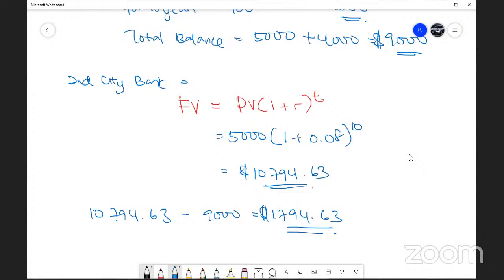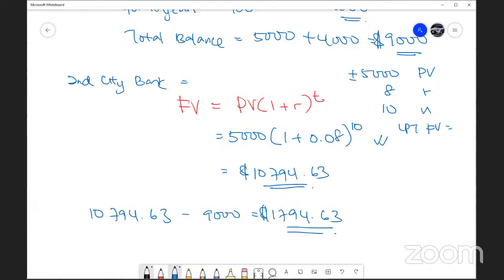Okay. To answer this question, if you use the scientific calculator, this is what you key in. If you're using the financial calculator, just click plus minus 5,000 equals to PV. Okay. 8% equals to your interest, 10 for your N, and compute FV. So I don't know what kind of calculator you're using, but this is the easiest way to key in.